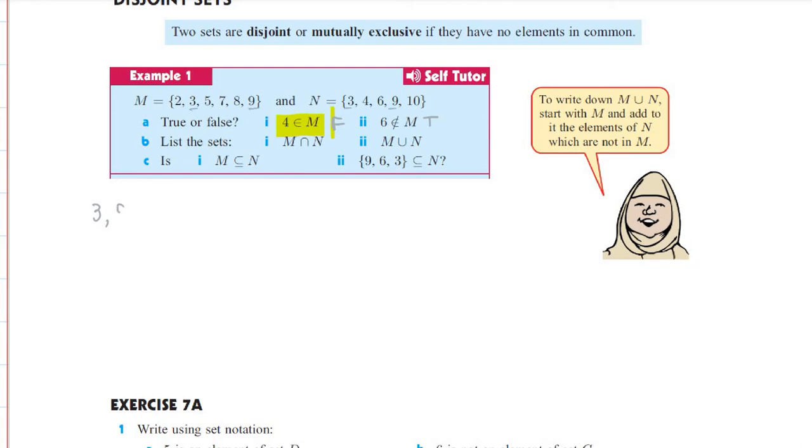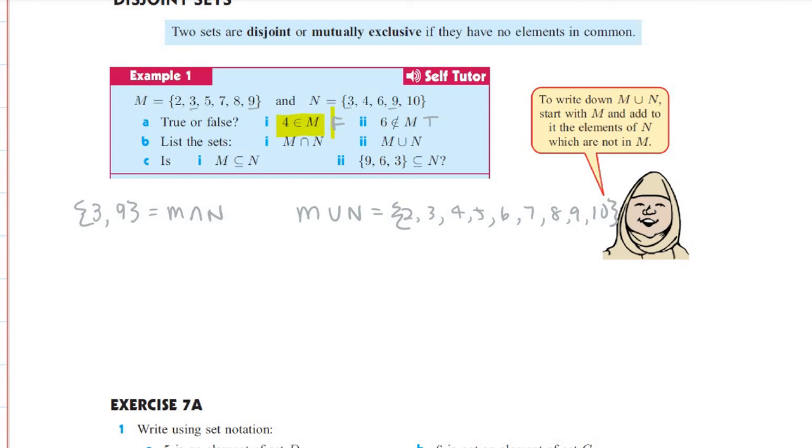So 3, 9, that would be the intersection of those two parts. If I was asking for the union, it's just going to be all of the numbers. So M union N is going to be equal to 2, 3, 4, 5, 6, 7, 8, 9, 10. And you only write them once. You don't have to write them more than once.